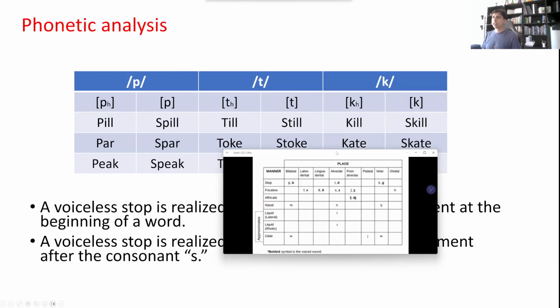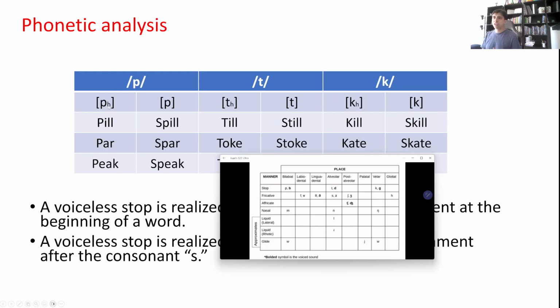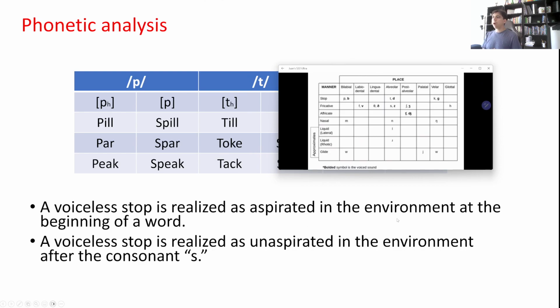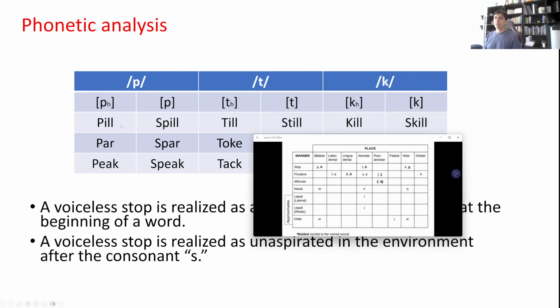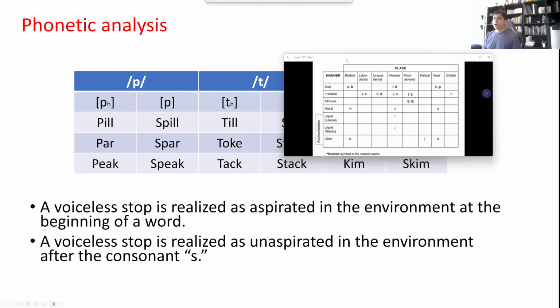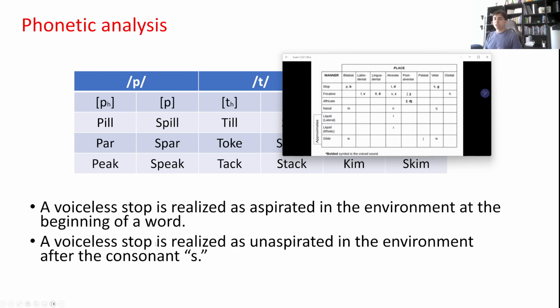Remember that aspirated in this case is going to be the H. It is realized as aspirated in the environment at the beginning of a word. And you see, it is true. It is at the beginning of words that we're going to have these aspirated sounds. And for the second one, a voiceless stop is realized as, in this case, unaspirated in the environment after the consonant S.